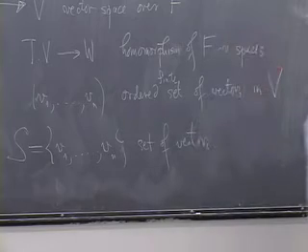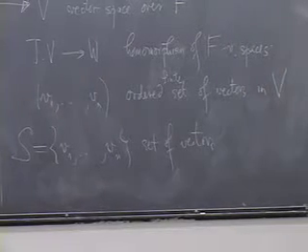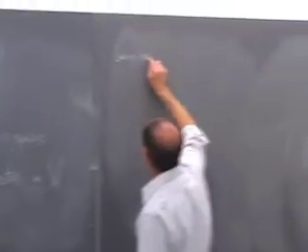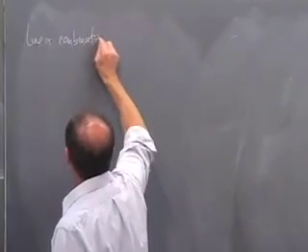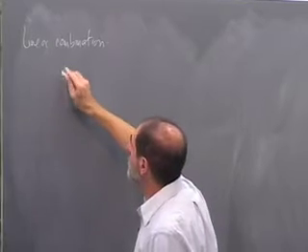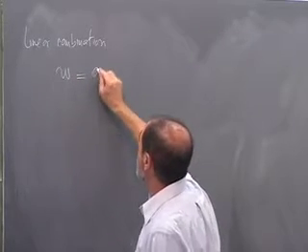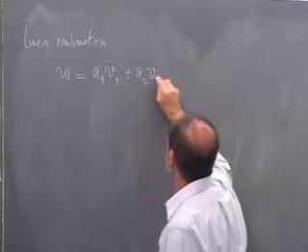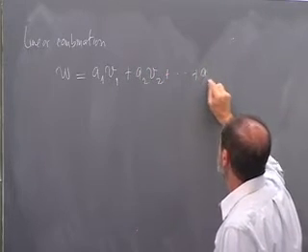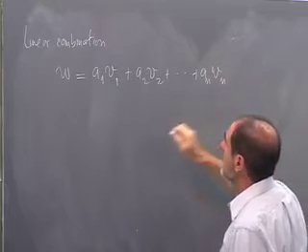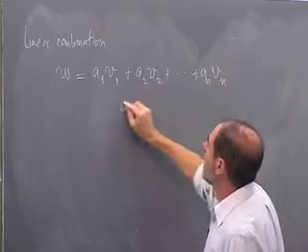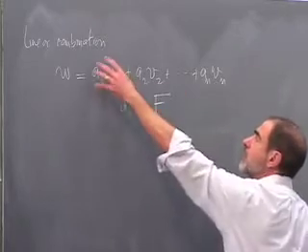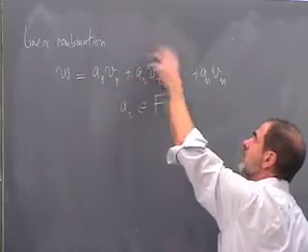OK, so you say that a linear combination of these vectors is any vector that you can express as a scalar times V1 plus a scalar times V2 plus a scalar times Vn, where the Ai are elements of your field F. So Ai times Vi is the operation of the scalar times the vector, and then you add them.